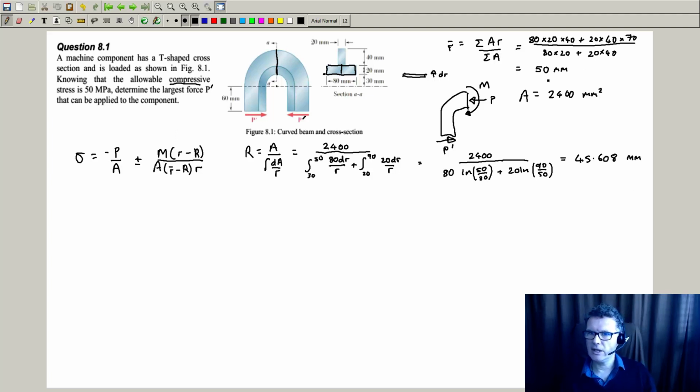Okay, so if we compare that back to our centroid, what is this term here? So we've got a shape like this. The R bar is given as 50, so it's bang on here.